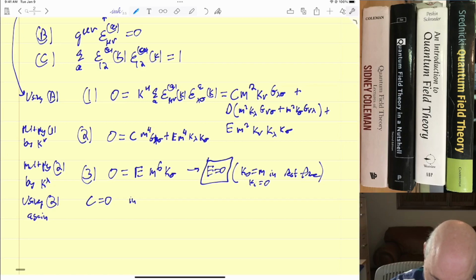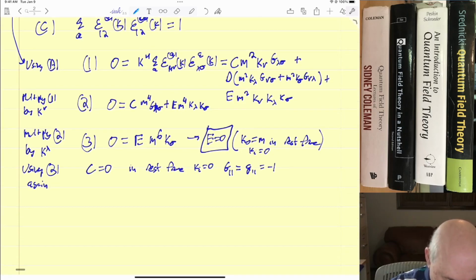In the rest frame, k i equals 0, and g11 equals -1. So we just want to look at some components where this term is gone, some components where this is non-zero. Then we can say C equals 0. Remember, g11 is the metric minus 1, and in the rest frame, k i equals 0.